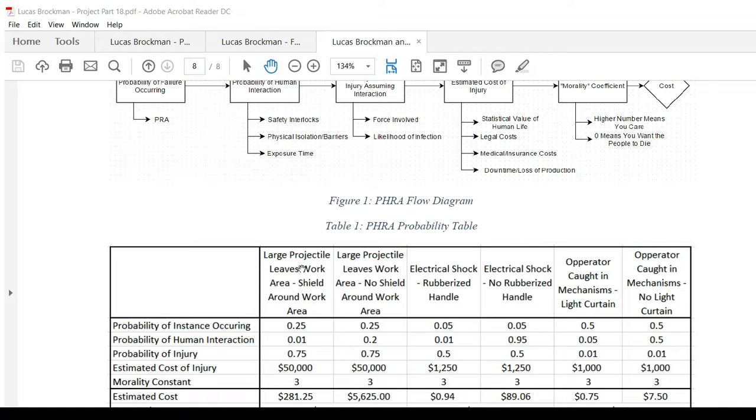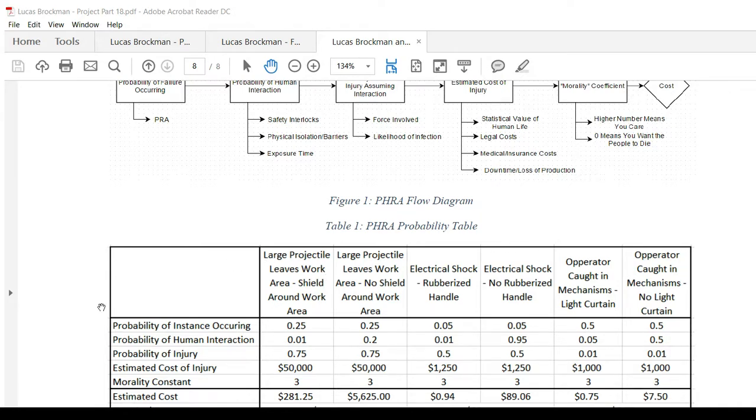Probability of human interaction, this is with and without the safety features being put into place. This allows us to have a control system to analyze against. The probability of injury, that's the same between each of these. That's assuming that, for example, with the shield around the work area, the part has already left the system, and what's the probability that the human will be injured by it.